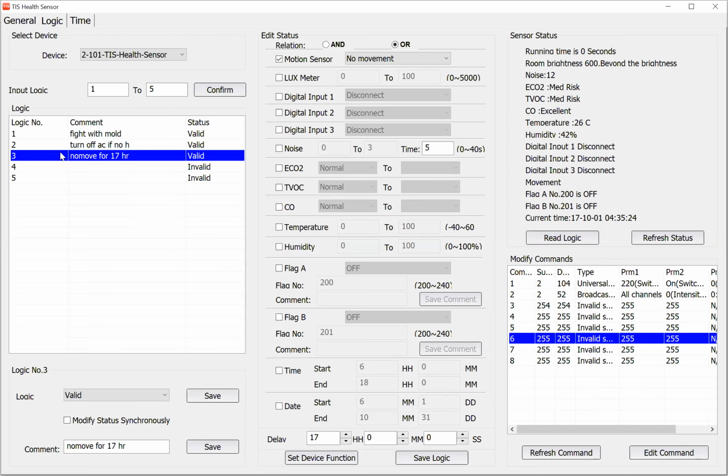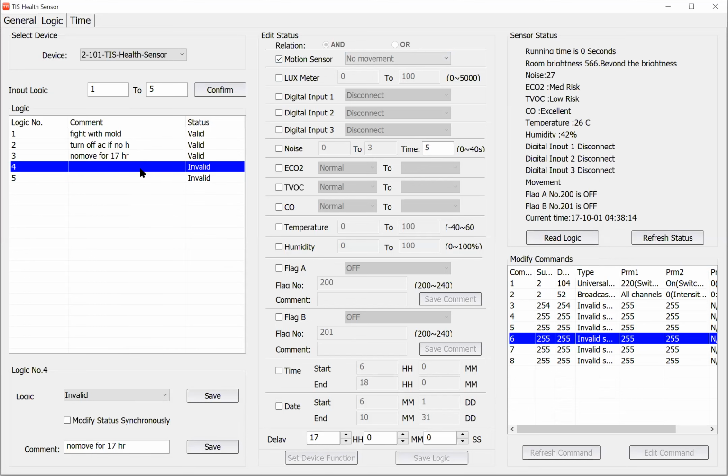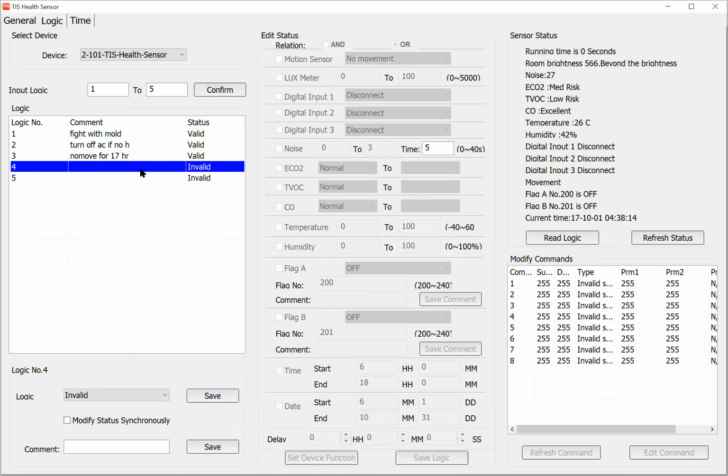Here on logic number 3, I said if no movement for 17 hours, then we turn on the flags. And also we can add another logic. Imagine that someone turns off flag number 220.